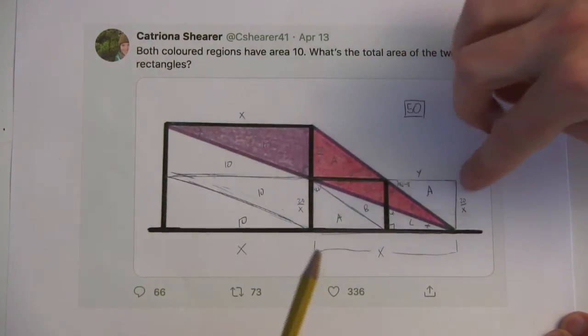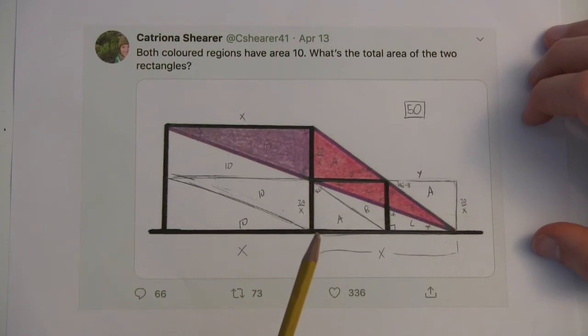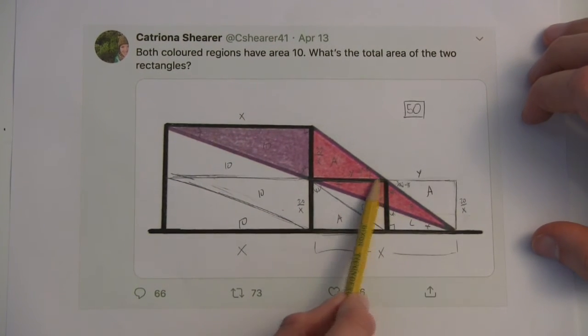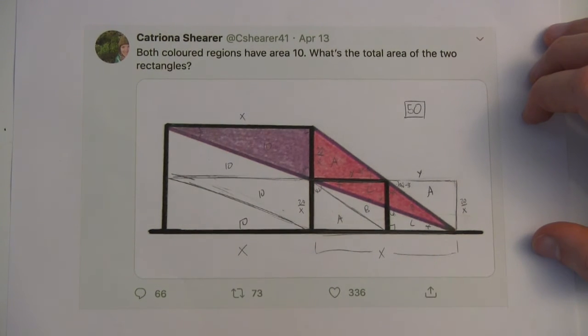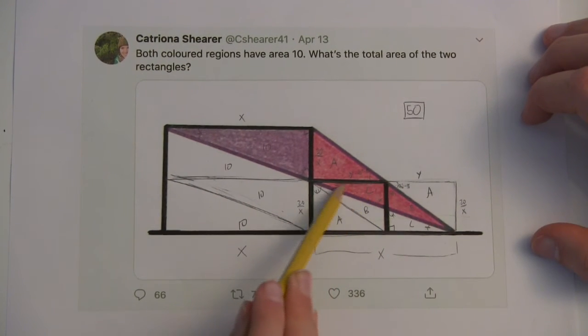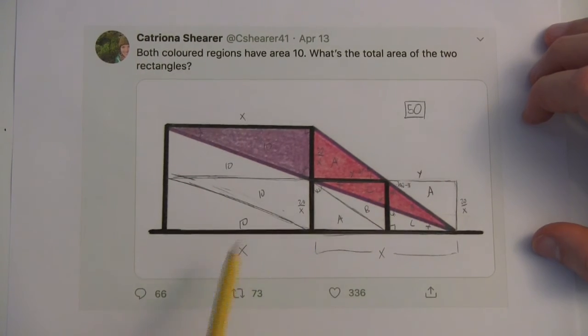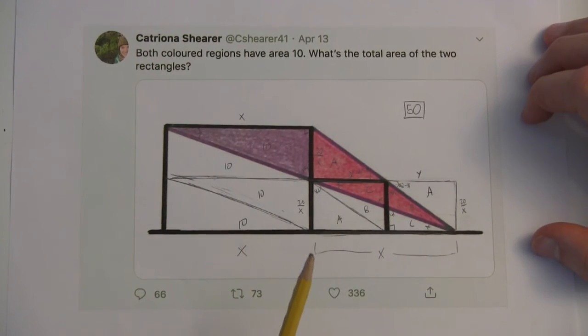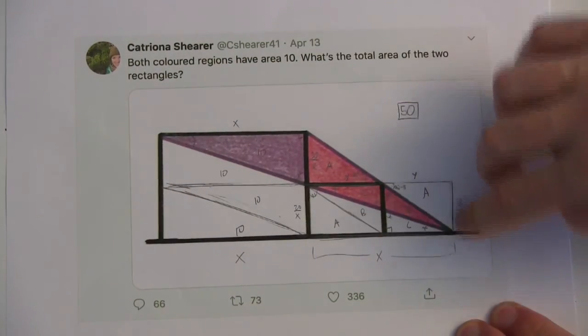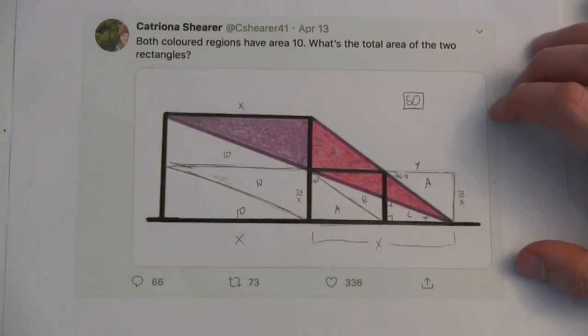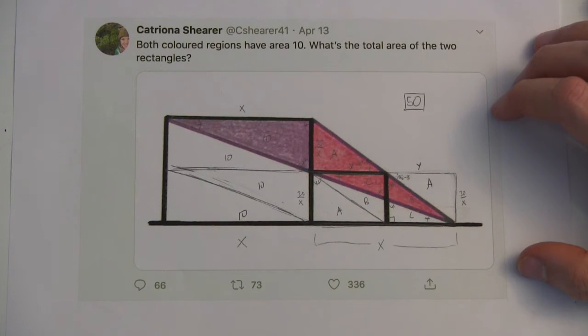So why should that be true? This length and this length. Because if those two lengths are the same, this triangle will fold right on there and be straight up there. I think it is true. Let's see if you can see why.